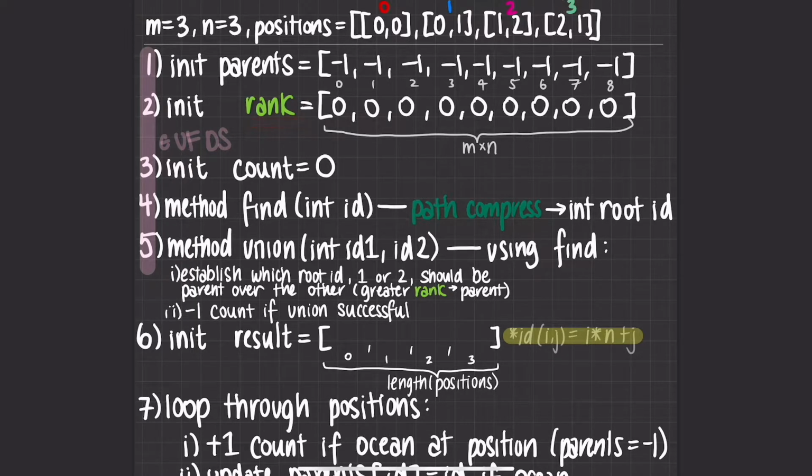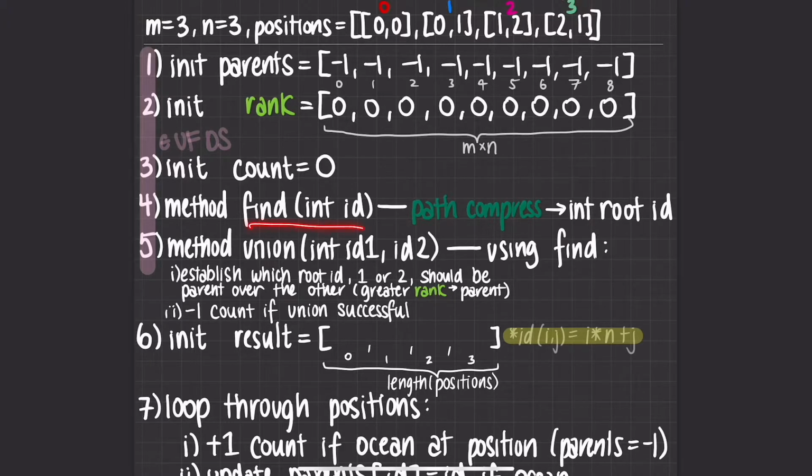Rank refers to how close a certain node is to the top of a tree. So if we had a tree like so, the rank of this node will be greater than the rank of this node. We're also going to initialize a count to be 0.